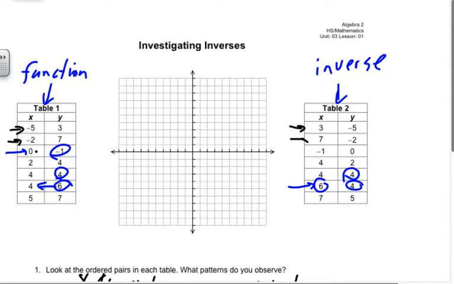So function 1, I'm going to do in blue: 5, 3, and then I've got -2, 7. I'm going to connect those. So we know automatically this is a continuous function. I got 0, -1. Then I go to 2, 4.